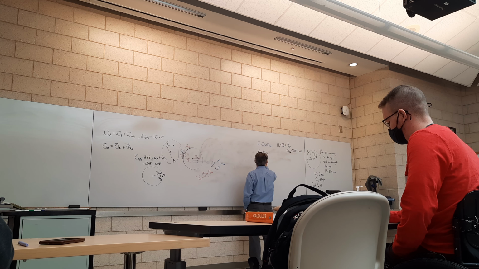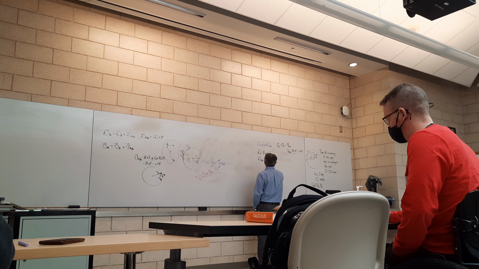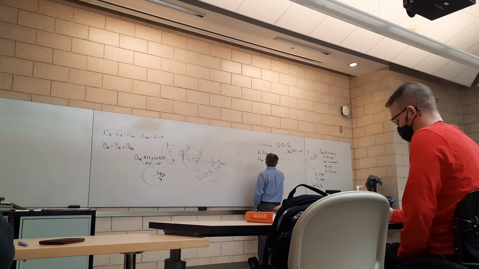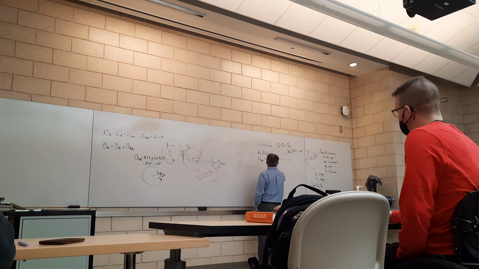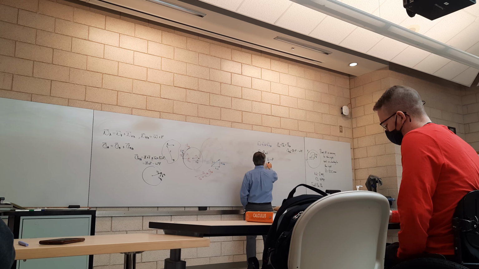The velocity of C with respect to A is equal to omega cross R. I'm going to use lowercase r here as a vector.